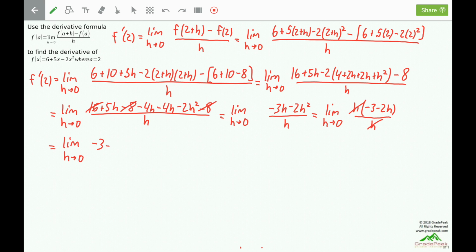We have a negative 3 minus 2h. We can place a 0 in for any of the remaining h's. That will give us negative 3 minus a 0, which comes out to negative 3. This represents the derivative of the function evaluated at 2, f prime of 2.